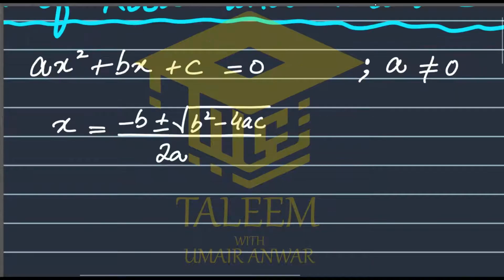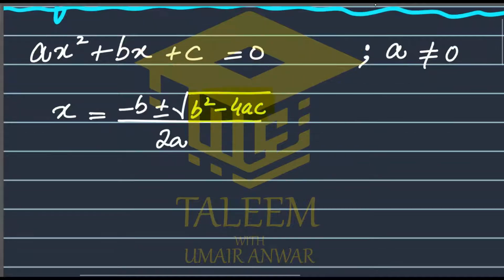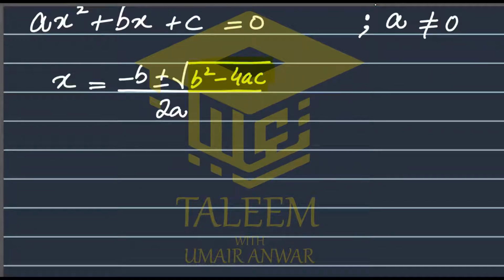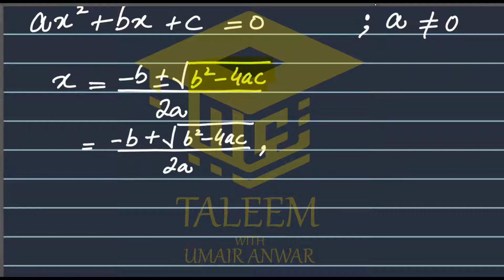The most important thing in this formula is the third part, the part which is written within the square root. This part plays an important role in the number of roots and the nature of roots.